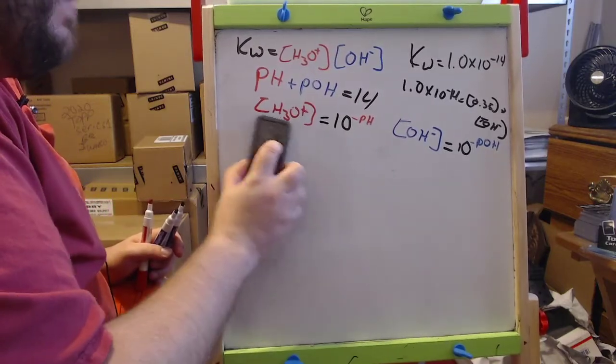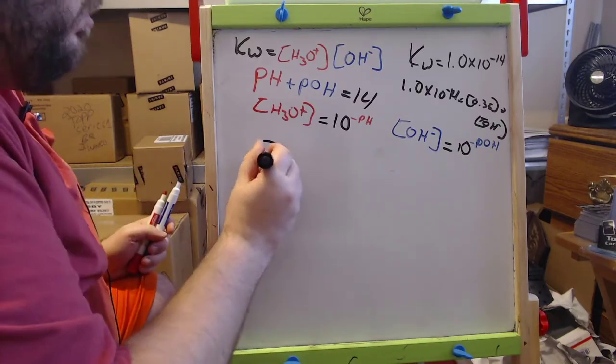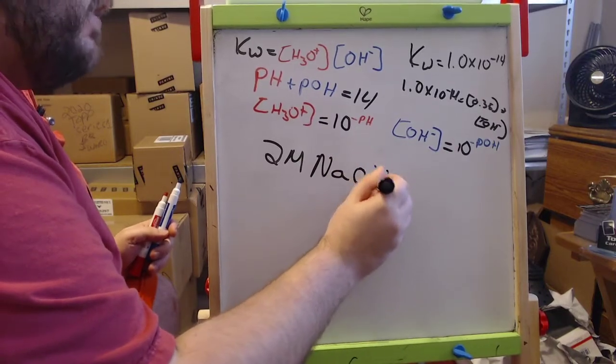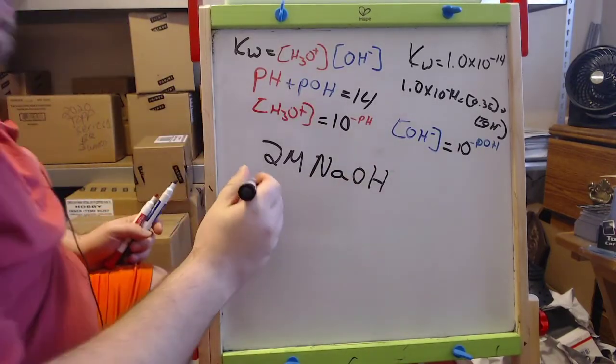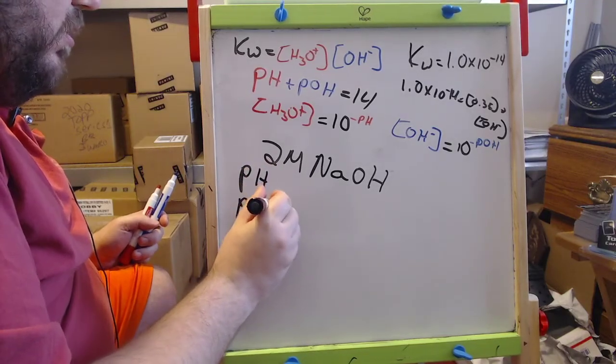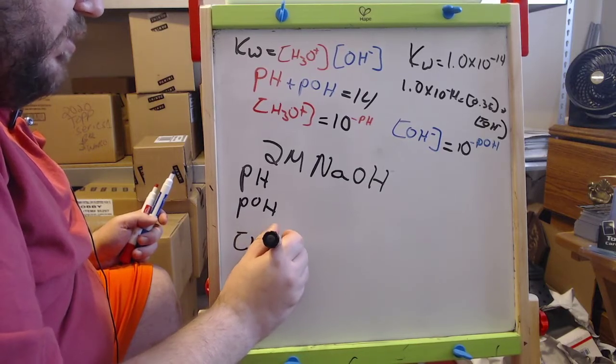All right, let's do a base. Let's say I have 2 molar sodium hydroxide. And I want to know the same values again. I want to know the pH. I want to know the pOH. I want to know the concentration of H3O+. I want to know the concentration of OH-.